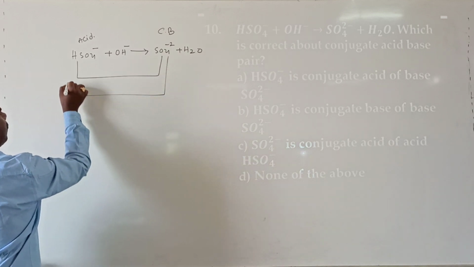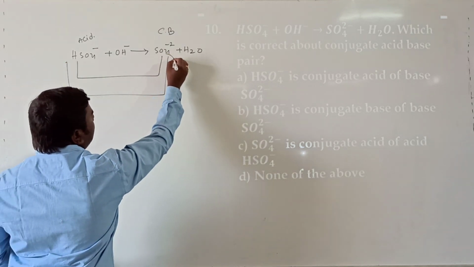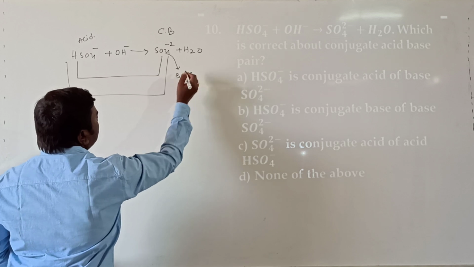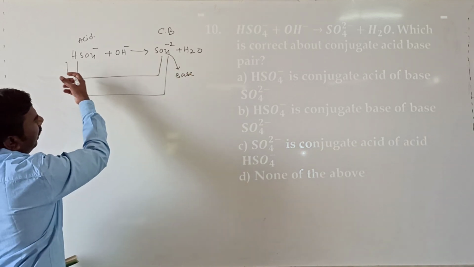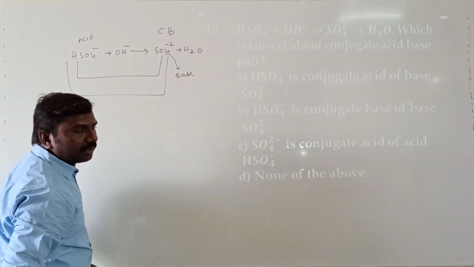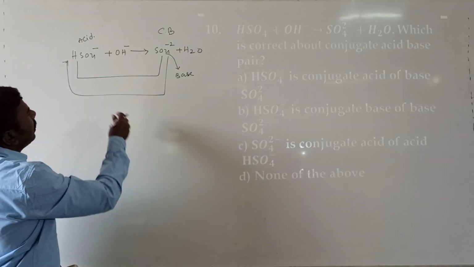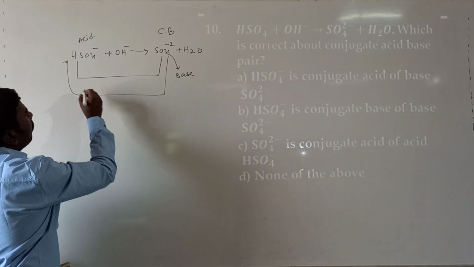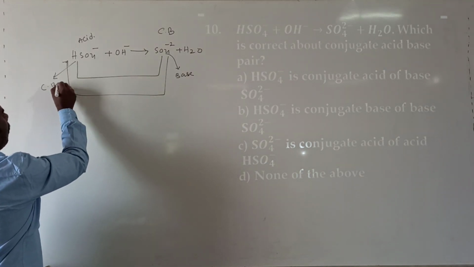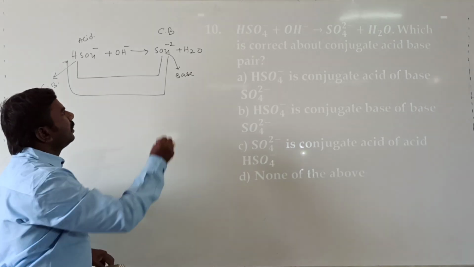SO4 minus 2 here is acting as a base. It accepts a proton, that's why it is a base. After acceptance, what is formed? HSO4 minus. So after acceptance of a proton, the residual part is called the conjugate acid. Clear?